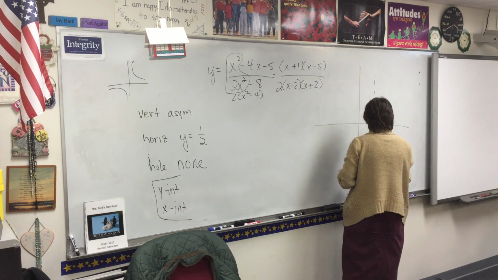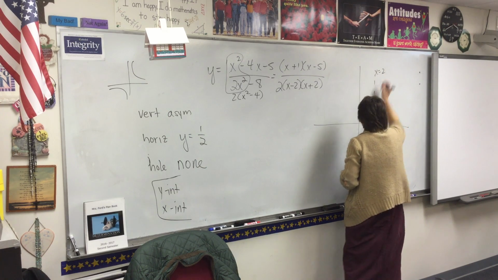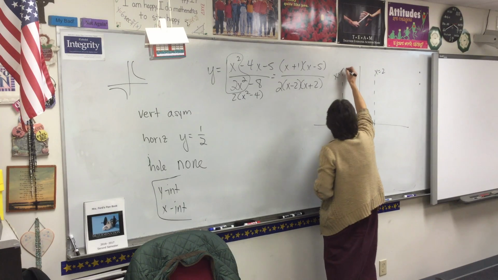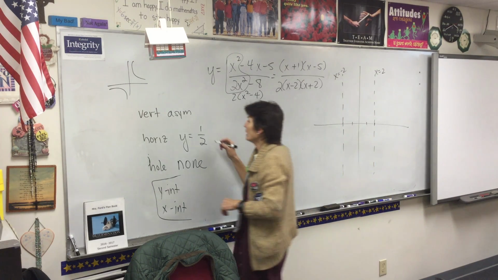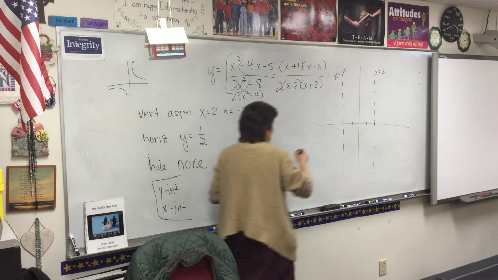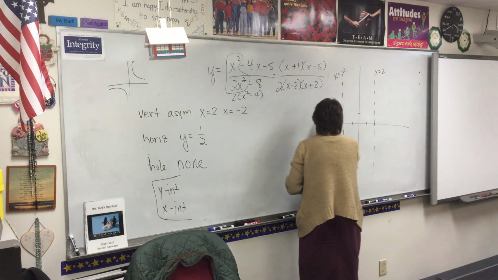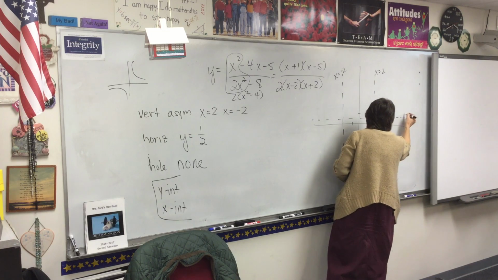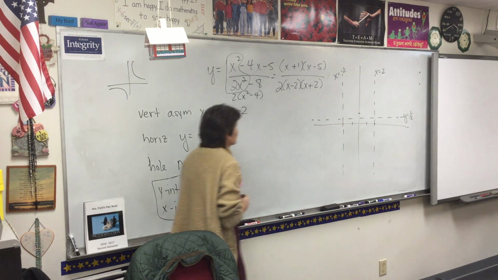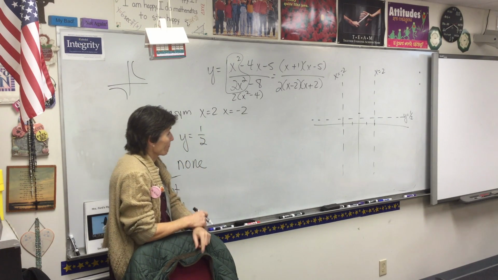Yeah. So that causes strange things to happen. My vertical asymptotes are at 2 and -2, and my horizontal asymptote is at y equals 1/2.